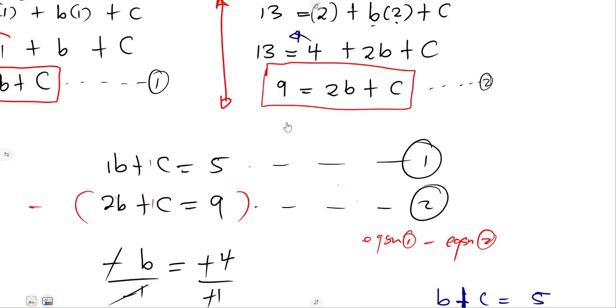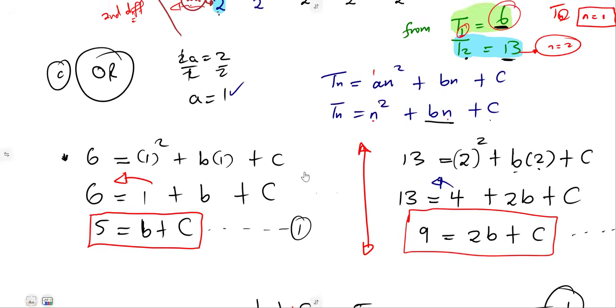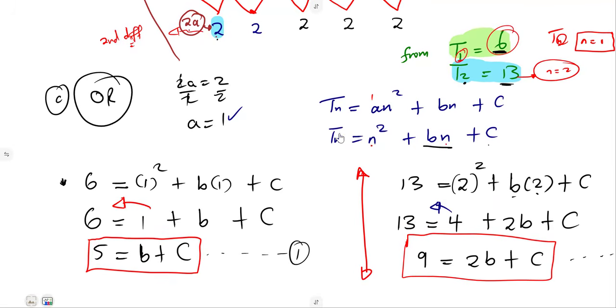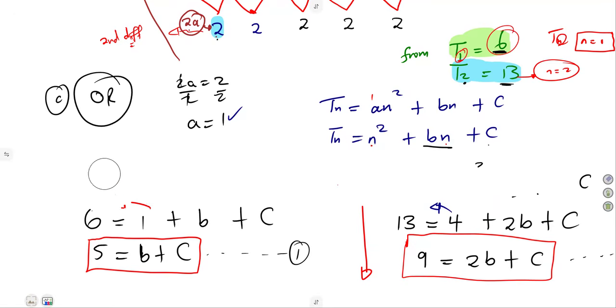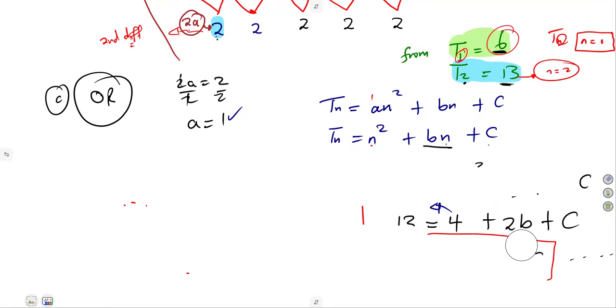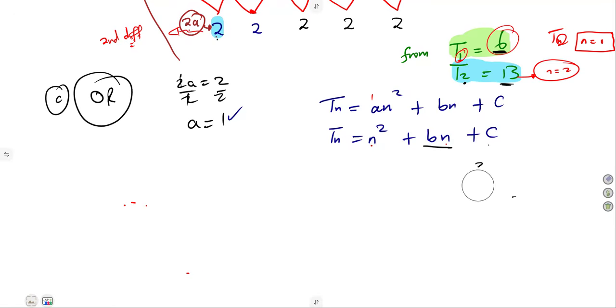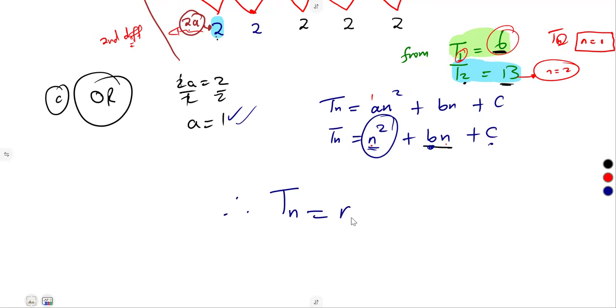So it is enough for us to have our quadratic presentation of this number pattern, as we have now got the values of b and c. Remember, a is already substituted here. So therefore, our nth term is going to be given as n squared. Remember, we substituted a here and it was 1.